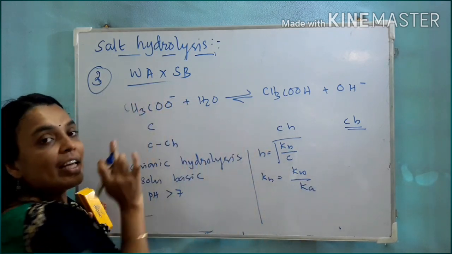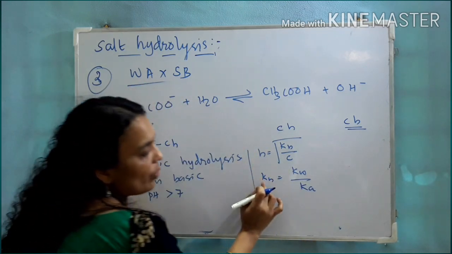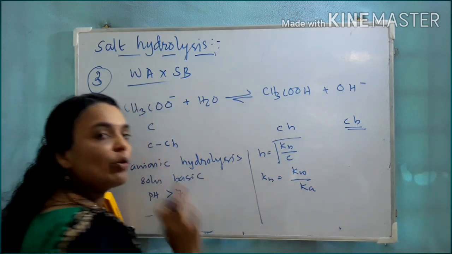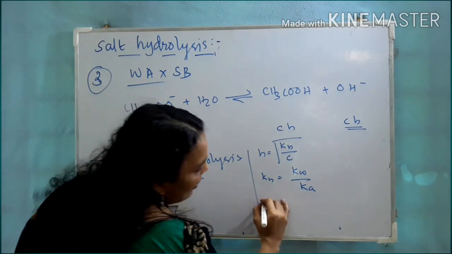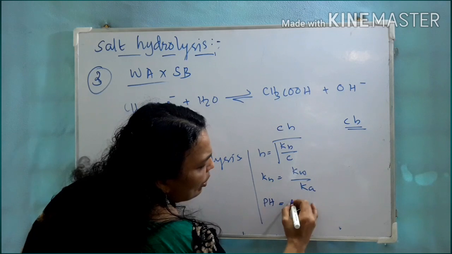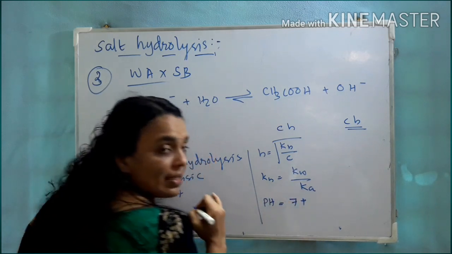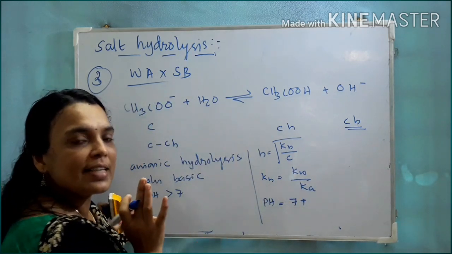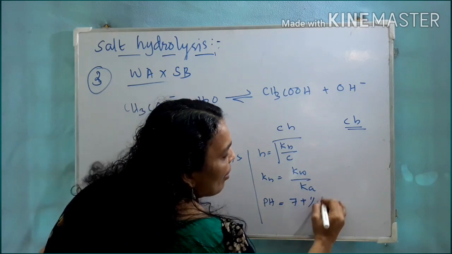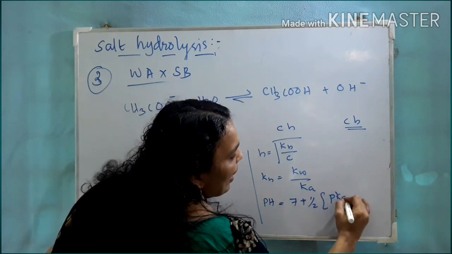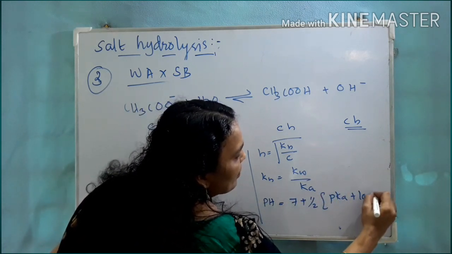Remember, here who is weak? Acid is weak. So Kh is equal to Kw by Ka. And pH is equal to 7 plus, because it is more than 7, 7 plus half into pKa plus log C.